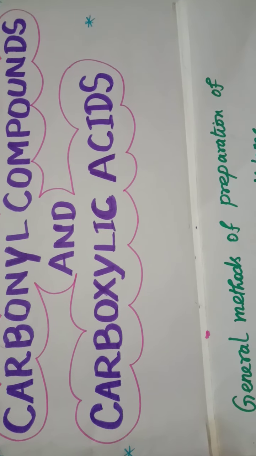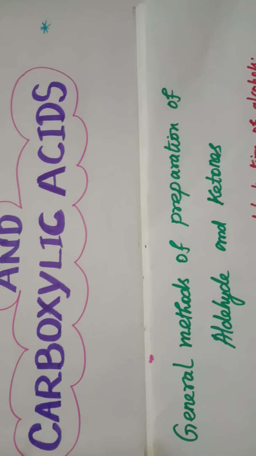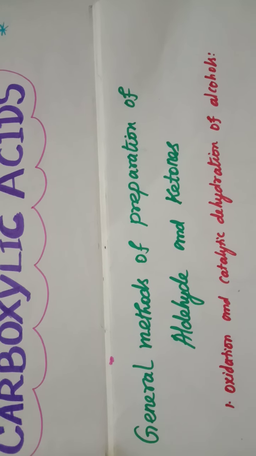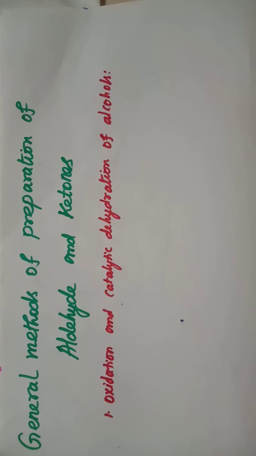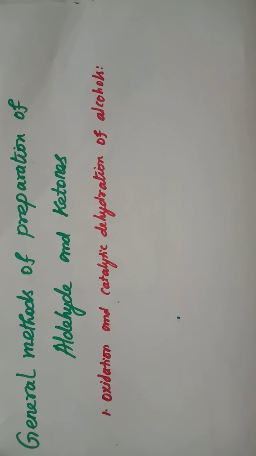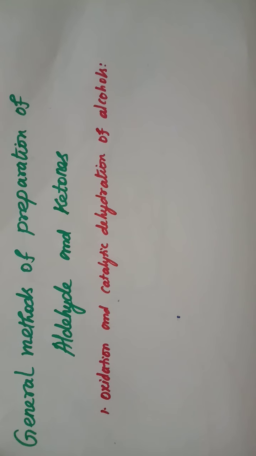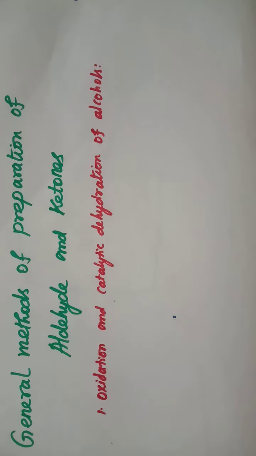The first method is oxidation and catalytic reduction of alcohols. Alcohol undergoes oxidation in the presence of a suitable oxidizing agent such as acidified sodium dichromate or potassium permanganate, and gives aldehydes and ketones.